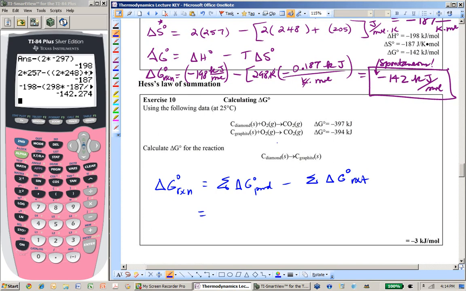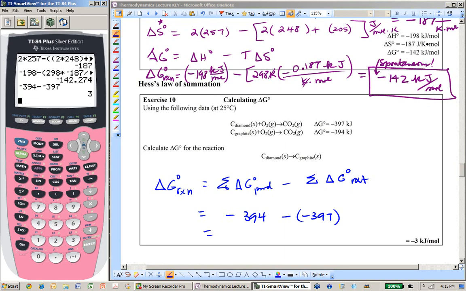Okay, who's my product? Graphite. Just be sure you pick up the right number. Minus 394 minus, what is the reactant? Diamond, minus 397, equals minus 394 minus a negative 397 equals 3.